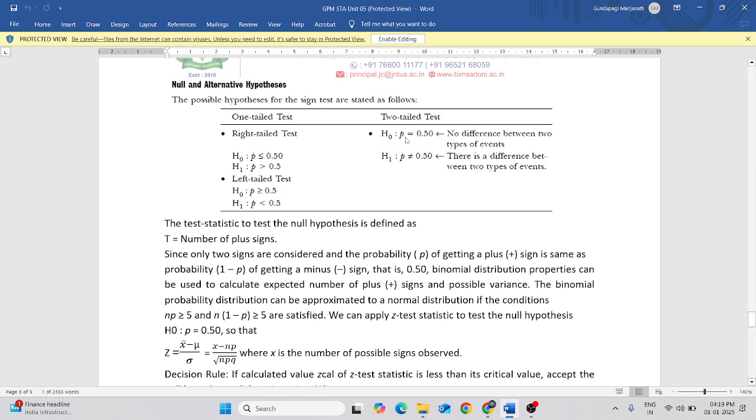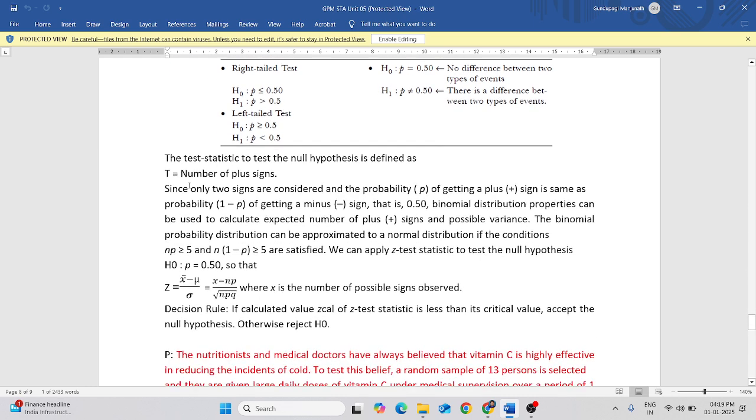If it is a two-tailed test, p equals 0.50, no difference between the two types of events. So the negation of that will be p not equal to 0.50. Here t will be the number of plus signs, because we call this a sign test, as we use two signs, the plus and the minus.